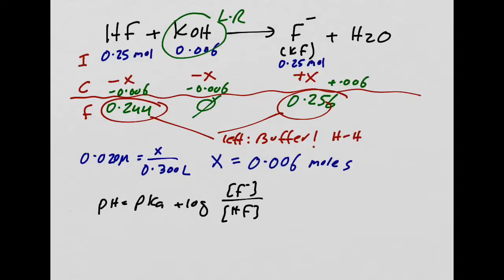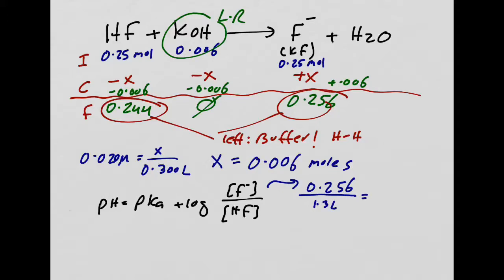So for F minus, I had 0.256 moles. What is the entire volume now? Remember, it was a 1 liter solution and I added 300 milliliters to it, so the entire solution will be 1.3 liters.